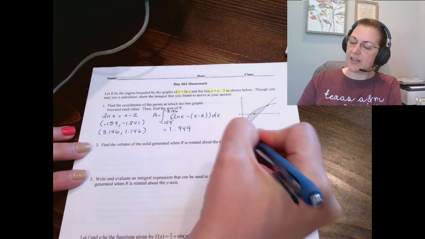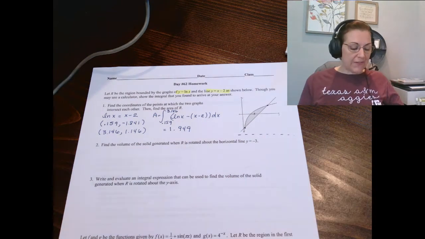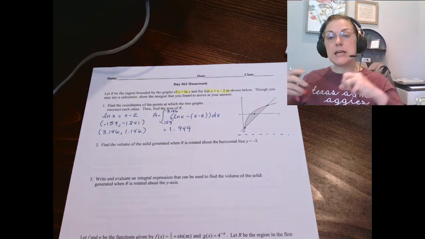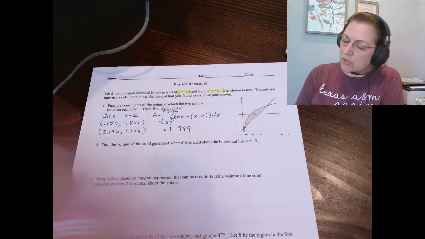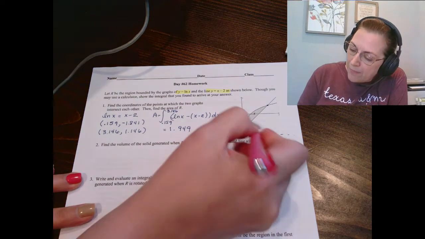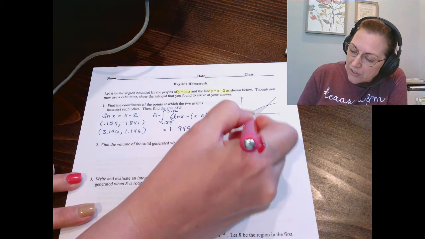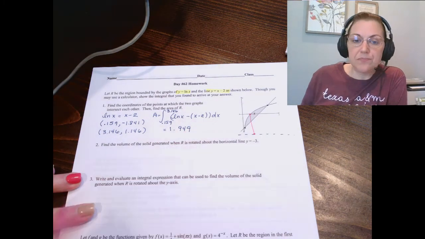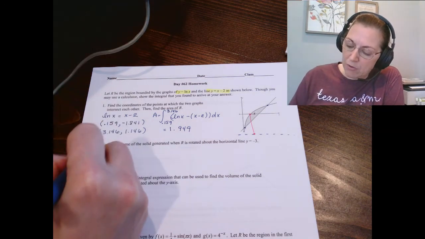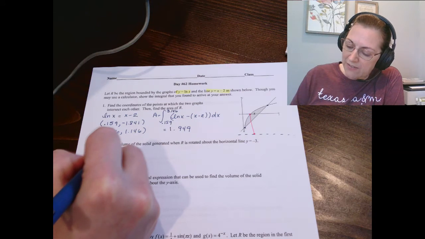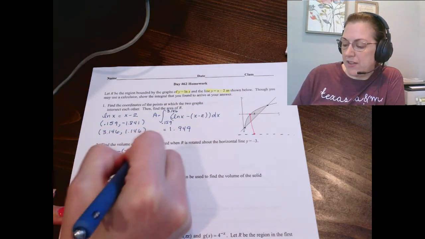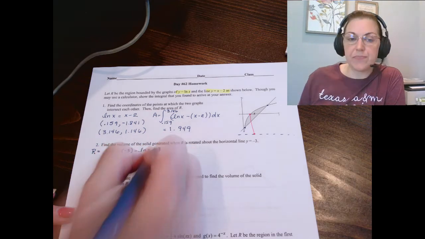Now, in problem number 2, we're going to take this region and revolve it about the line y equals -3. So that line is down here. If you saw my previous video, you know that we talked about the big radius and the small radius. So the big radius here is from the axis we're rotating about all the way to the furthest curve. That big radius, I'm going to call it capital R, is the ln of x minus -3, or just the ln of x plus 3.